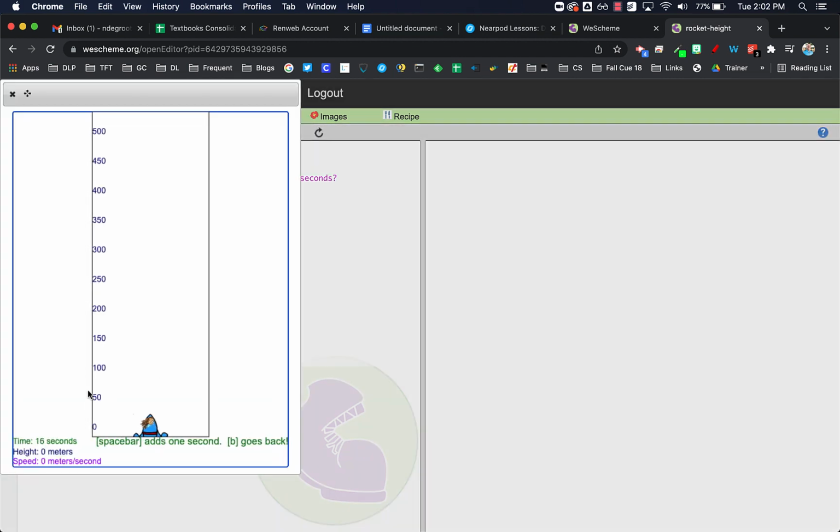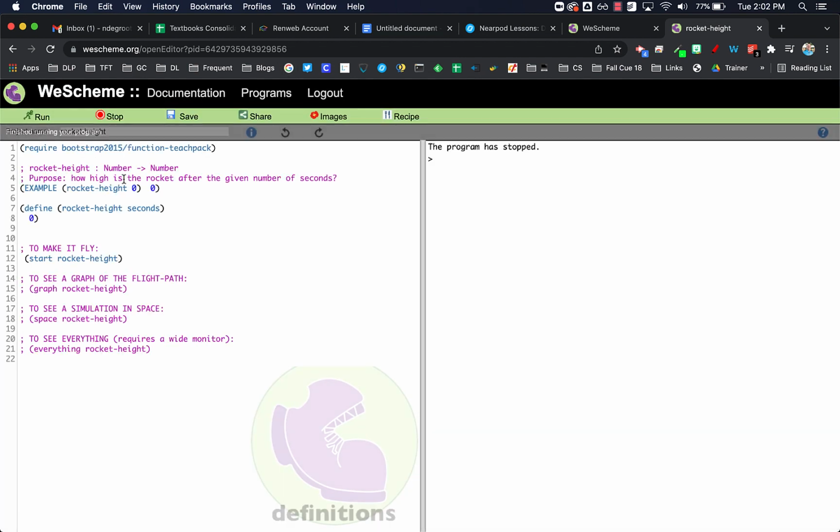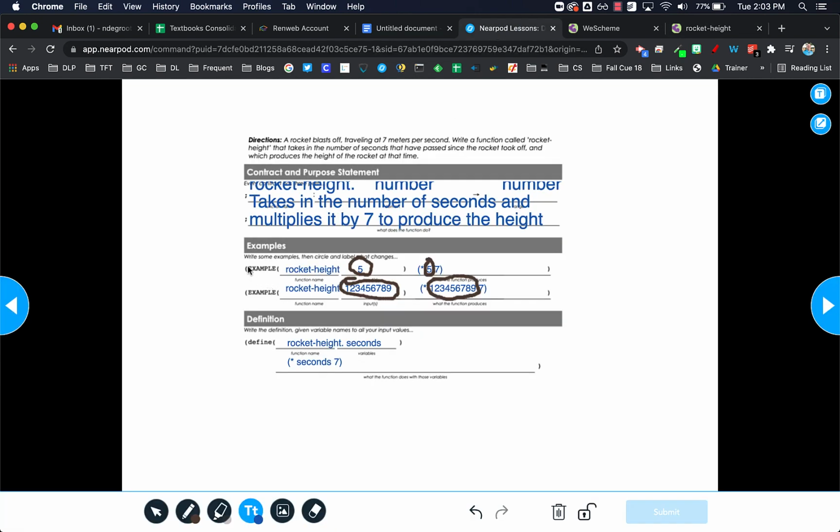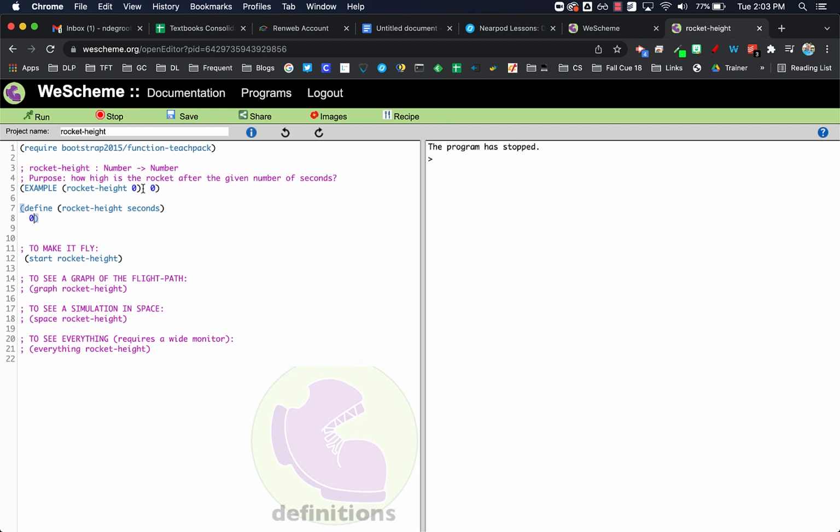Now I'll be pressing spacebar, and my time's going up, right? That goes up, but my height doesn't. And the reason is because it's taking in the number of seconds, but it's always saying the height is 0. So what we need to do is take these examples right here that we did and fix this.